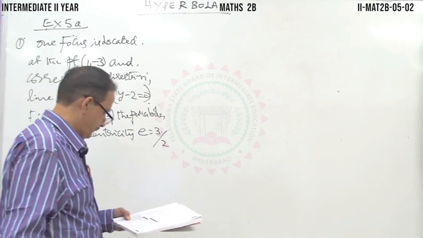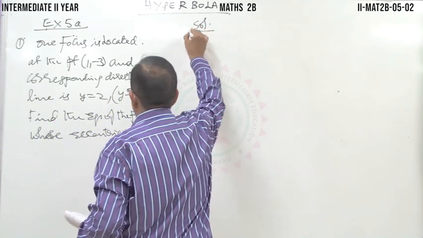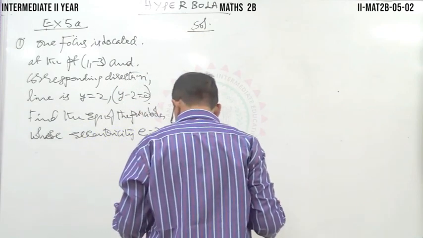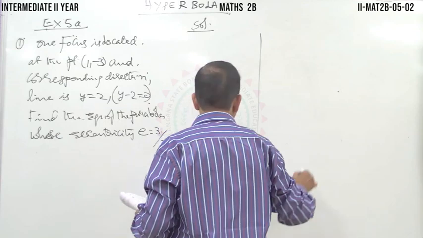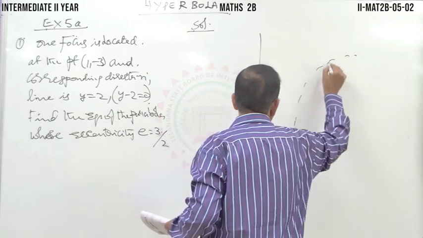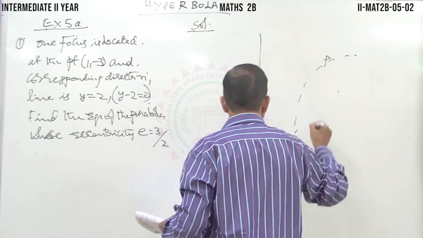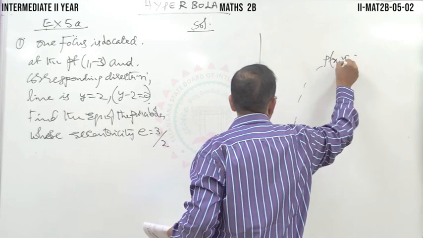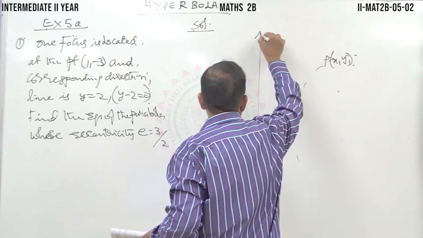This is the question. If you look into the solution part, our directrix is here. Our point on the hyperbola, P, is identified as P(x1, y1).